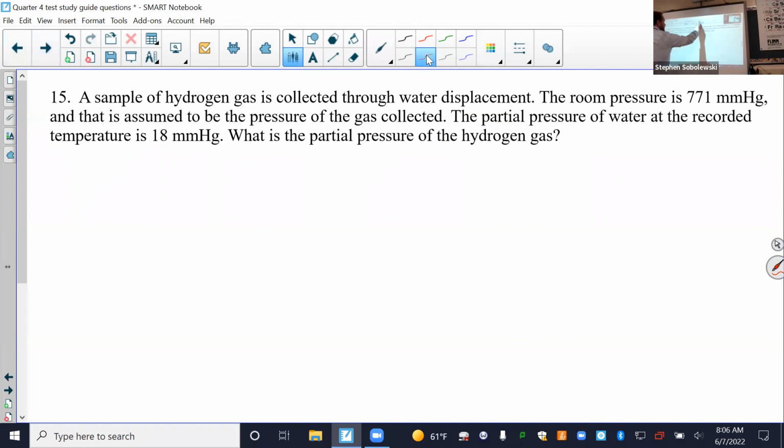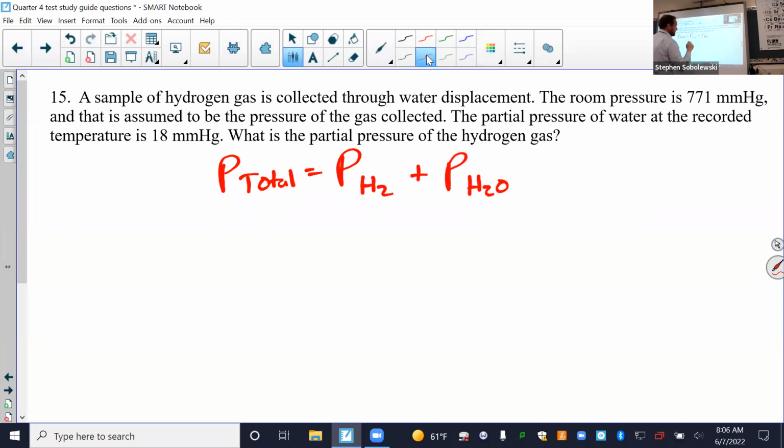So this uses Dalton's law. P total is the sum of all the partial pressures. So in this case, this gas consists of H2 and H2O. So that's our basic setup with Dalton's law. We're solving for pressure of the H2. So that's going to be pressure total minus pressure of H2O.